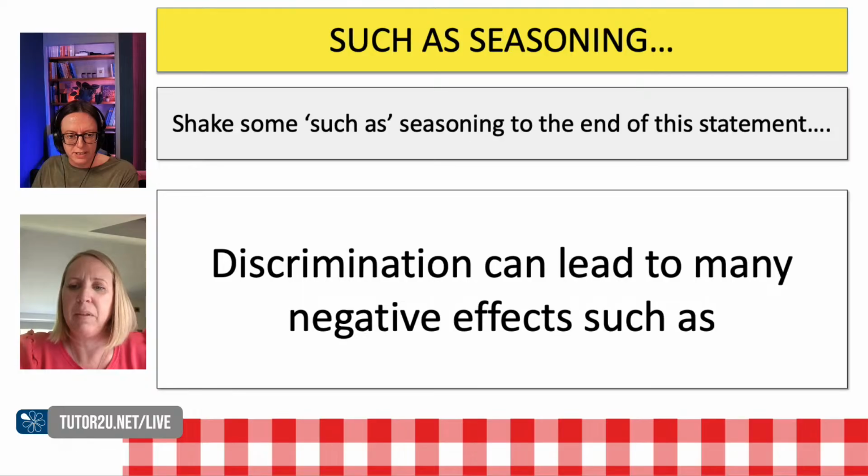Neve says low self-esteem. We've got isolation. Rosie, we like social isolation, so that's good. We've got anxiety, low self-esteem, feeling worthless, becoming depressed, bullying. Bullying, yeah, absolutely, a form of discrimination. Maddie's put no job.